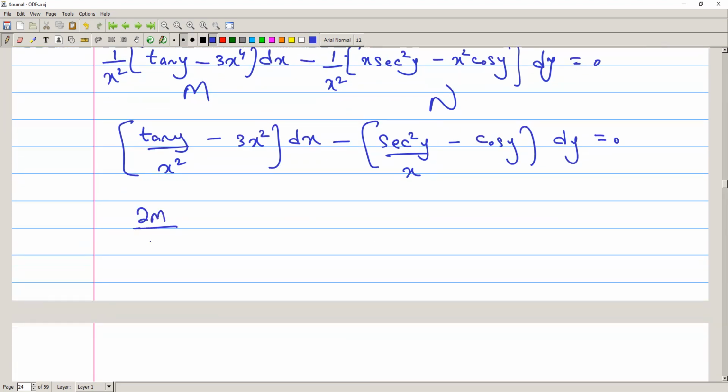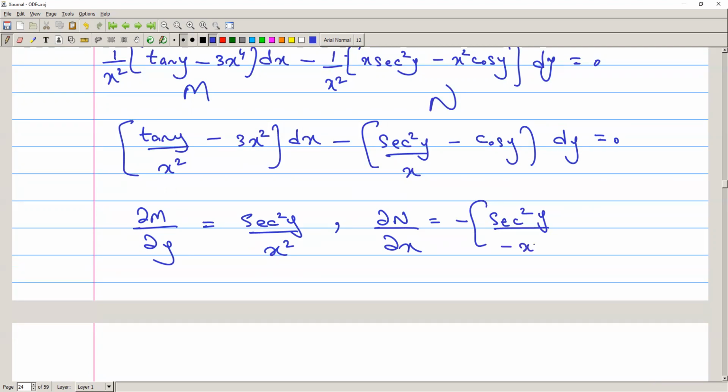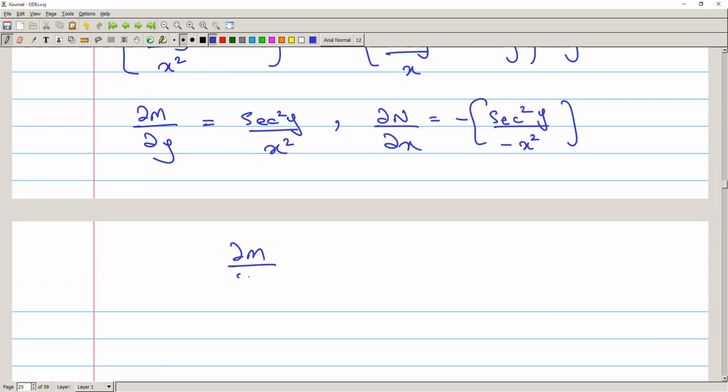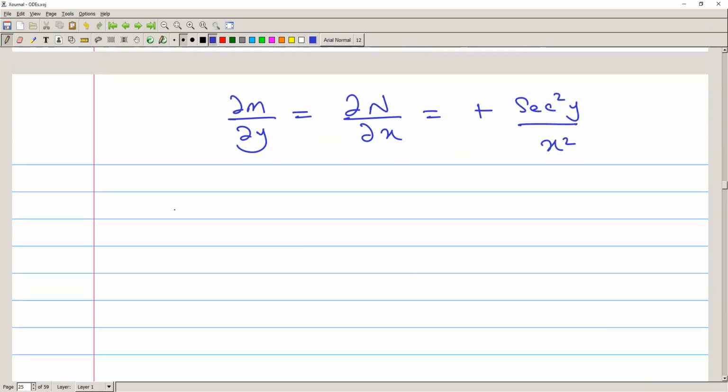So partial M over partial y will be equal to sec squared y over x squared, and partial N over partial x will be equal to negative times sec squared y over negative x squared. So now we can see that they are equal. Partial M over partial y is equal to partial N over partial x, which is equal to positive sec squared y over x squared. So the equation is now exact and we can solve it.